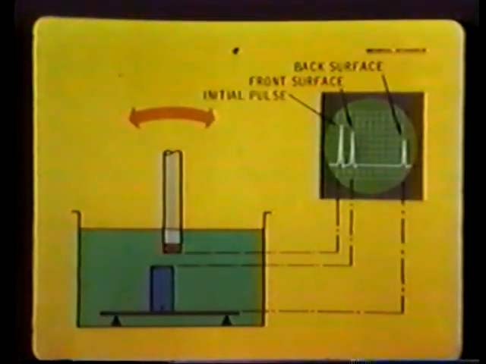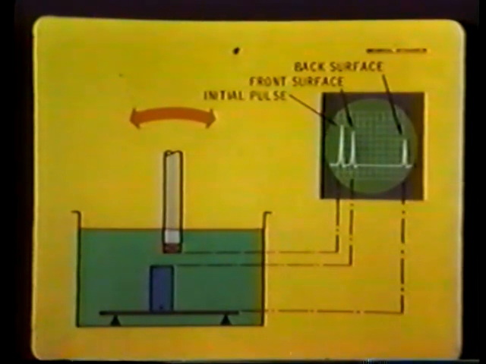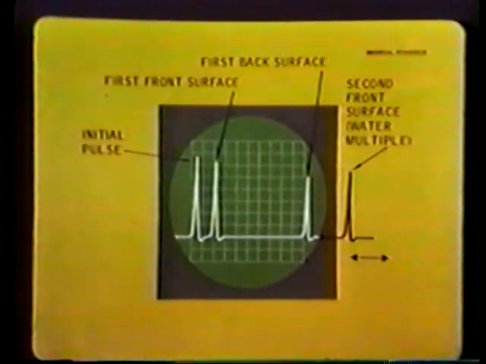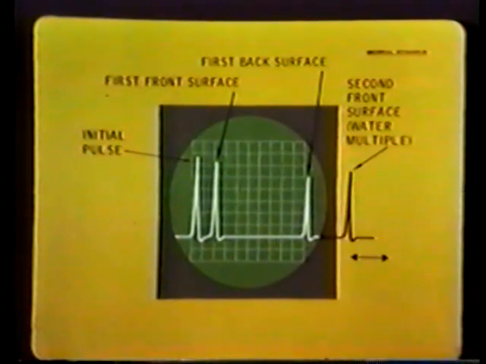Transducer angle is adjusted via the manipulator to obtain a maximum amplitude front surface indication. A maximum number of back surface pips serves the same purpose, provided surfaces are parallel. The transducer is then moved up and down while observing the CRT for water multiples. Proper travel is obtained when the second front surface reflection appears later in time than the first back surface reflection.